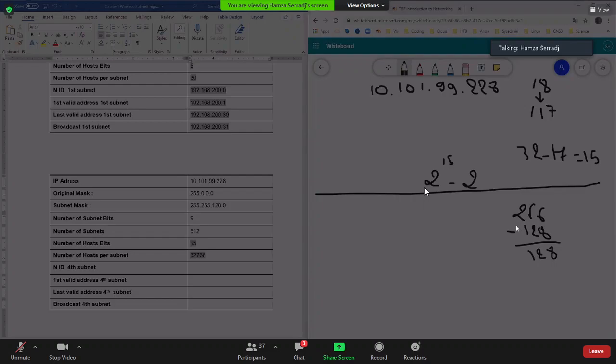Okay, where do I increment? Here's my subnet mask: 255.128.0. Where do I increment, guys? This is my block size, so every time I need to jump with 128.